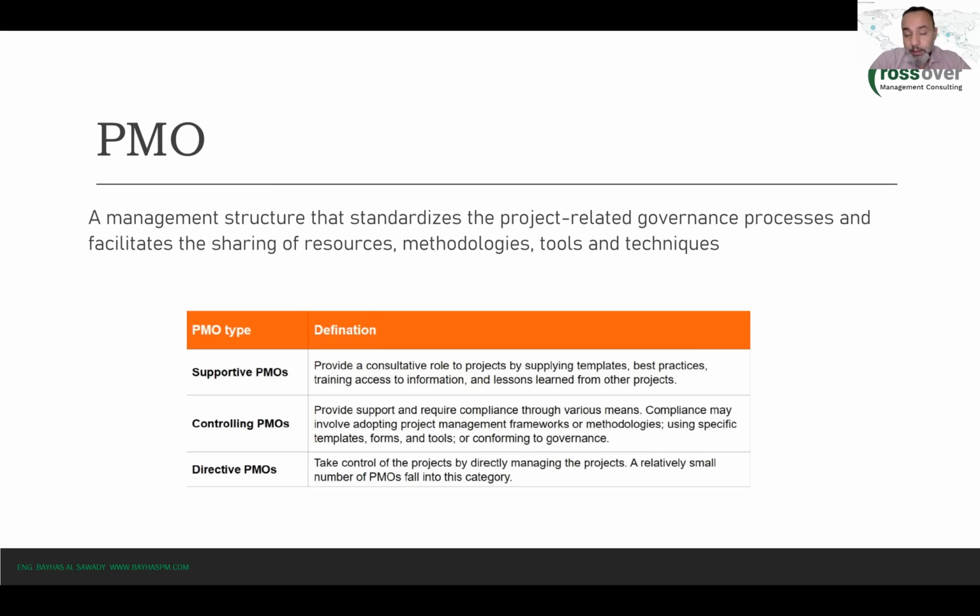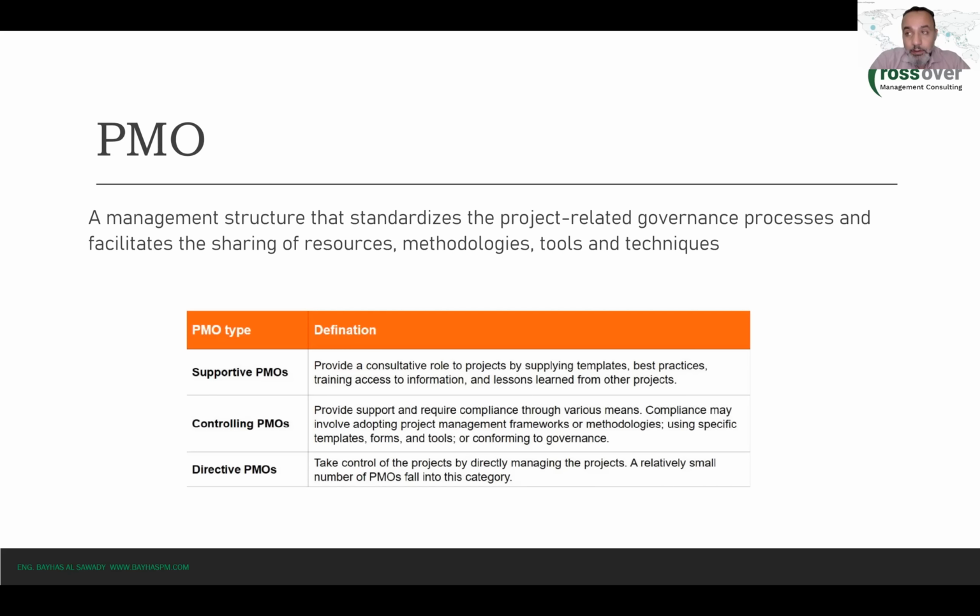So the PMO here will control the project managers' work, will observe their work, will make sure they follow the policies, the procedures, and the methodology that the PMO might create. So here compliance is important, and the PMO monitors this compliance and takes corrective action when needed, and requires project managers to comply with all the tools, all the templates, and so on.